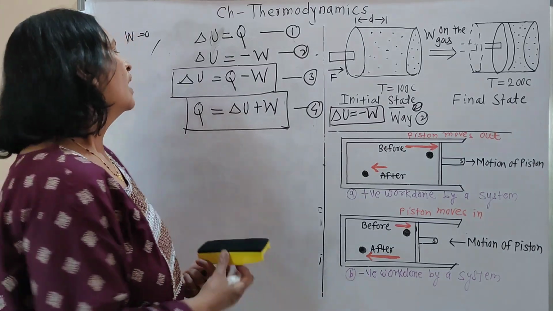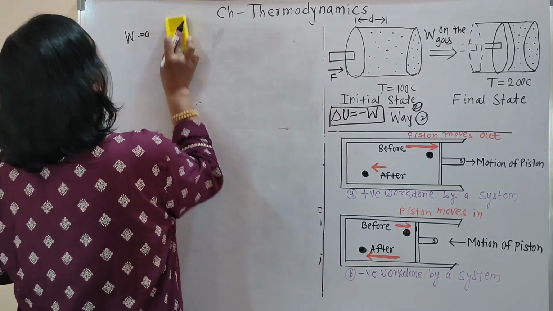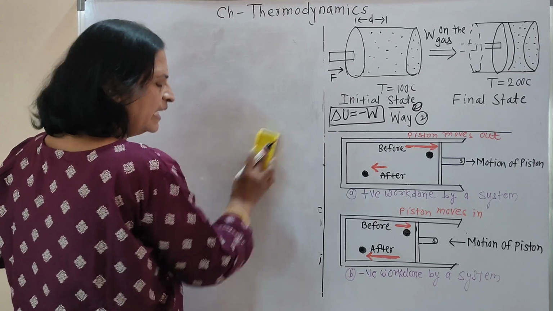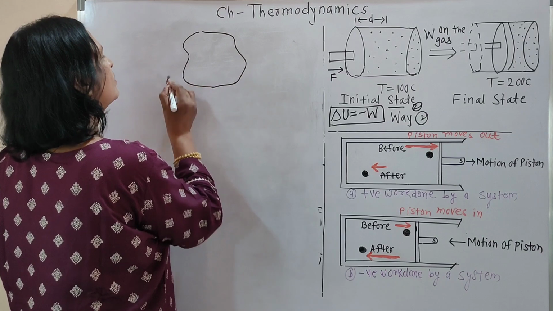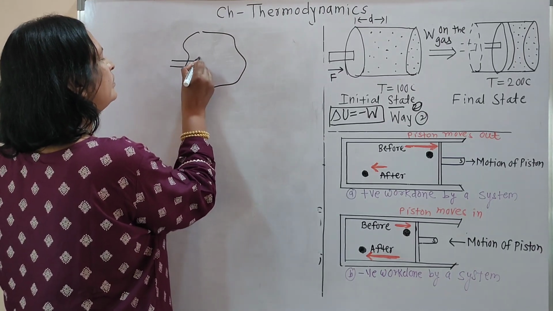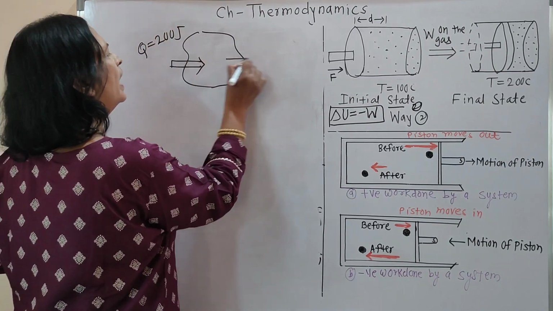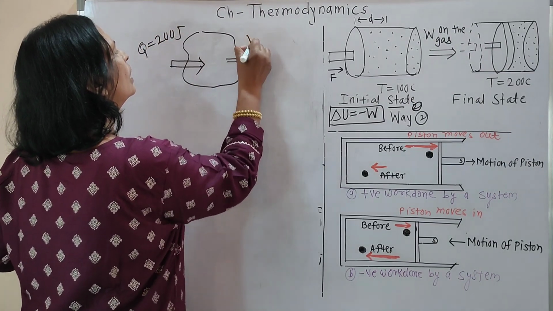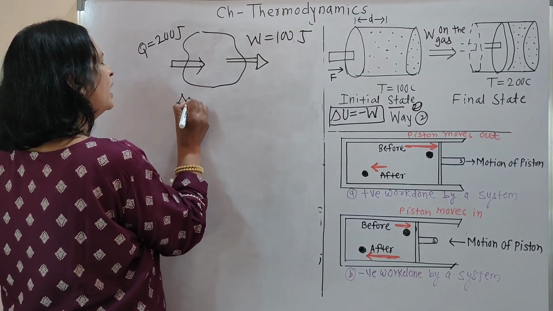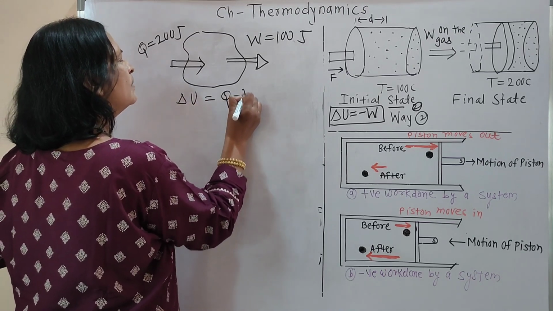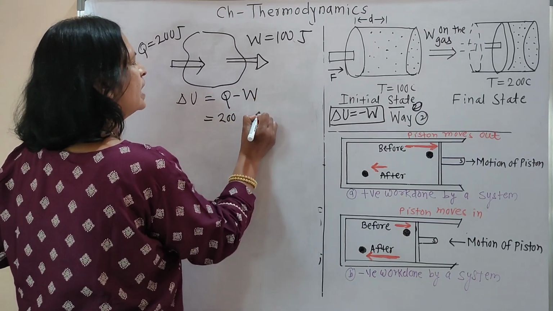Now we have to study when the change in internal energy is positive, when it is negative, and when it is zero. Now consider a system in which Q equals 200 joule and W equals 100 joule. The formula for internal energy change is delta U equals Q minus W, so 200 minus 100 equals 100 joule.